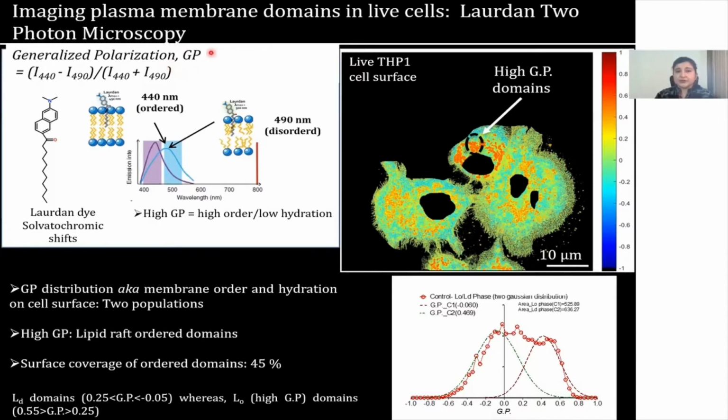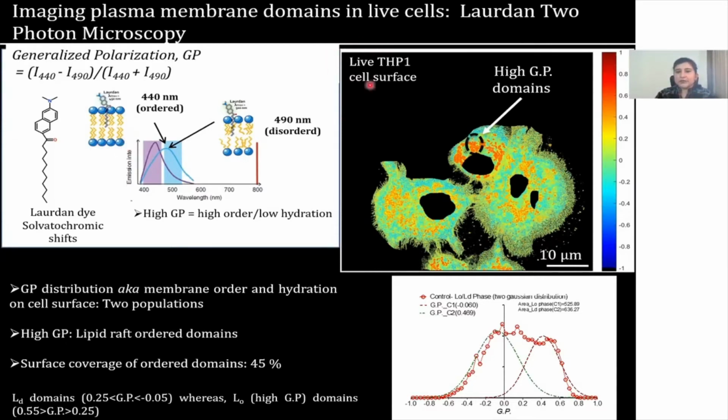This GP theoretically can take values from -1 to +1. Negative values mean that the Laurdan dye is experiencing a scenario where the membrane is more disordered and fluid, or high polarity, whereas positive GP values signify a scenario wherein the dye is captured in a membrane which is very tightly packed and hence has very low polarity or fewer water molecules around it.